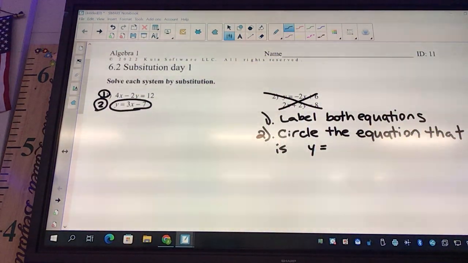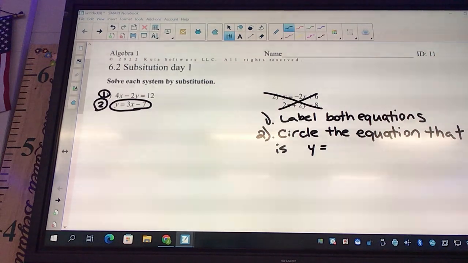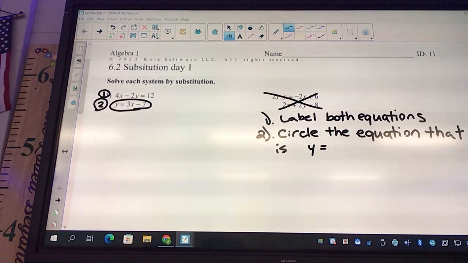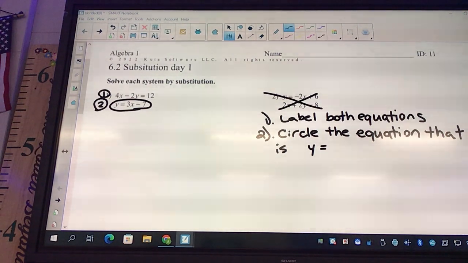Now, let's talk about what substitution means. It's when we replace something with something else, but it's equivalent. So when you go to McDonald's and you get a Happy Meal, they say, do you want apple slices or fries?